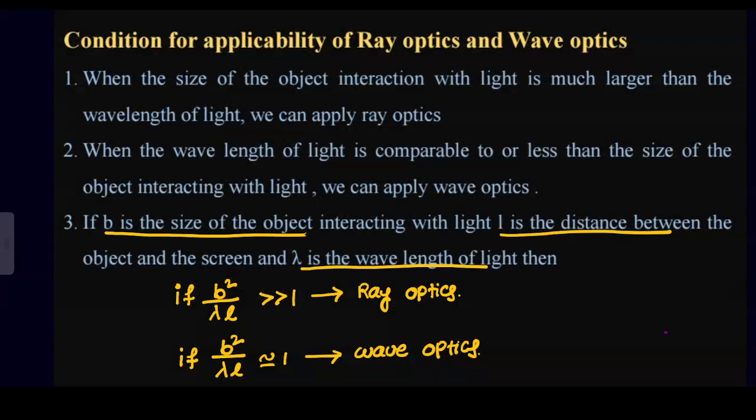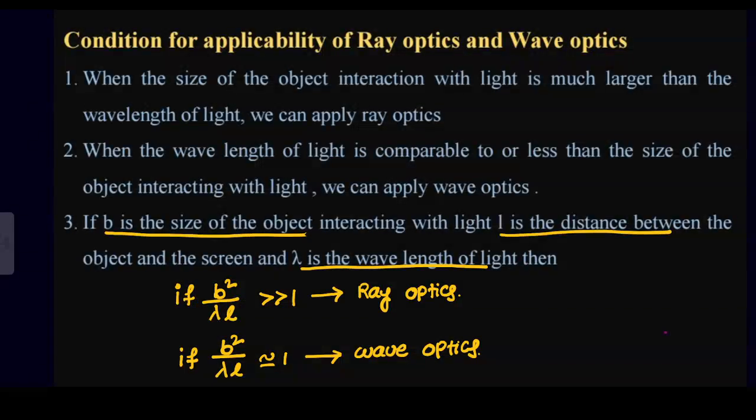For example, this is some object we have taken, and this is the size of the object. Light comes from the source to here, and this distance we consider as L. Lambda is the wavelength of the light.